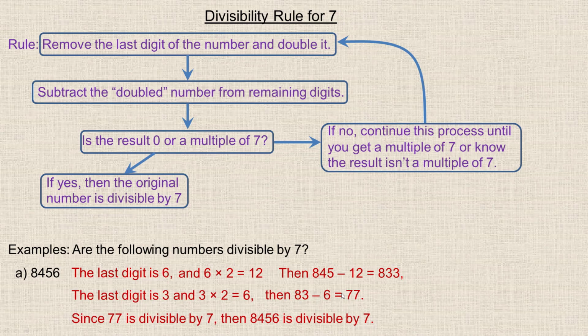So since 77 is divisible by 7, the number 8,456 is divisible by 7. That's what I mean by you continue going. We probably didn't realize that 833 was divisible by 7, so you do the process again.